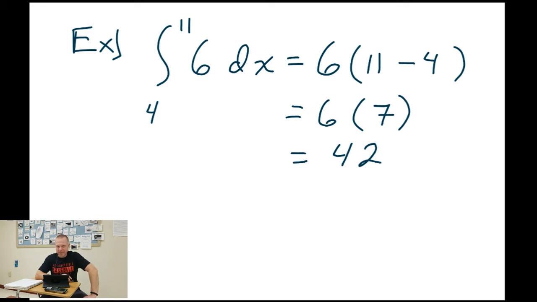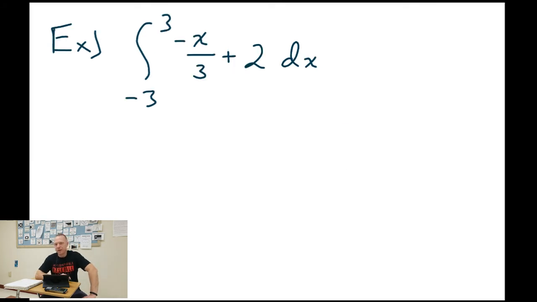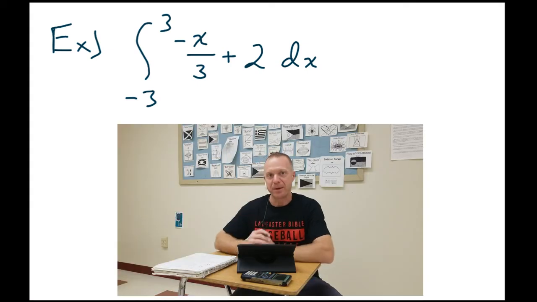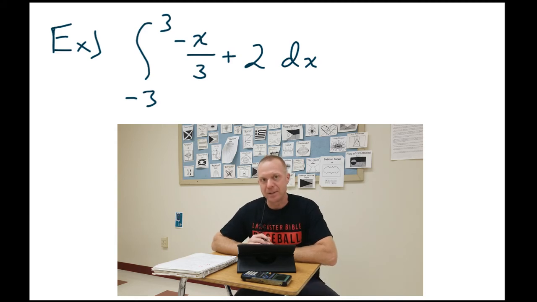What if it's not a constant? What if it's more like an equation? What if it's the integral of negative x over 3 plus 2 from negative 3 to 3? Now, this is a problem that we started with at the beginning of the lesson.